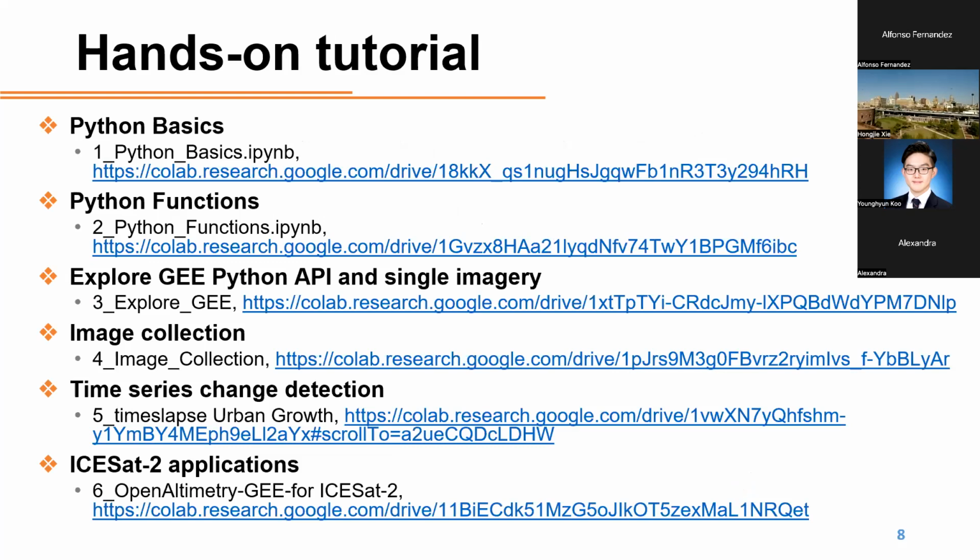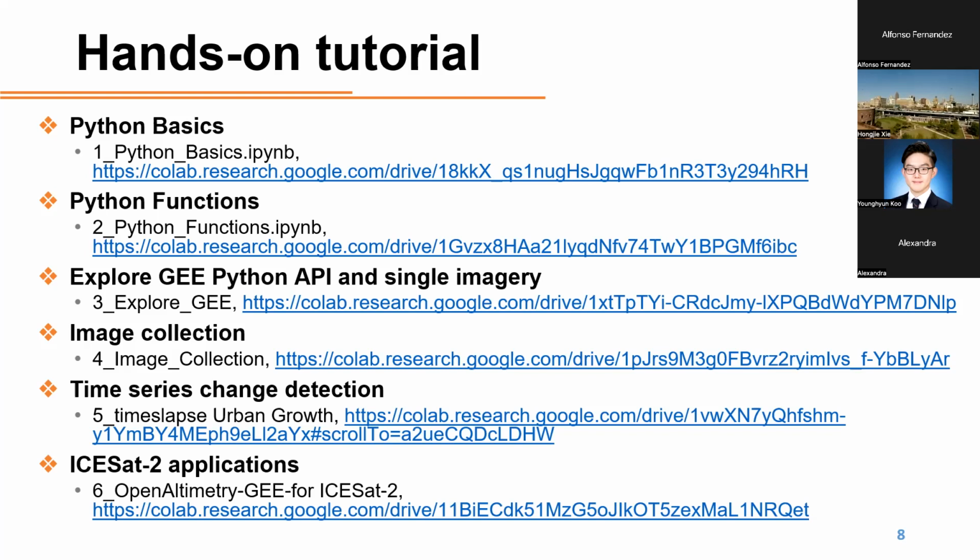So let's do the hands-on tutorials. We have six hands-on tutorials today to go through. The first one we will talk a little bit about Python basics. Okay. I'm not going to go into details, and you just need to understand some basics, assuming you have no idea about Python. But these basics are good enough for you to start.